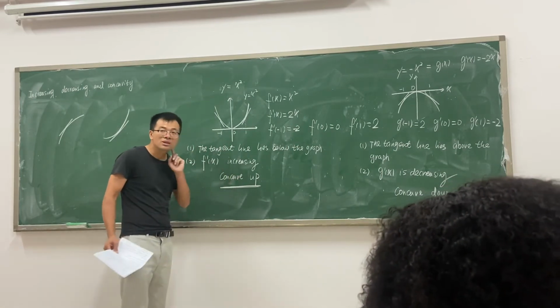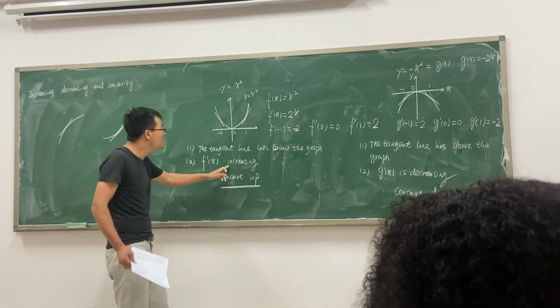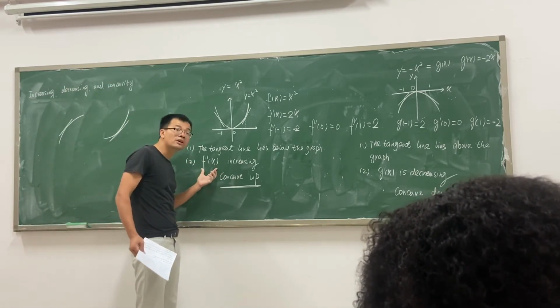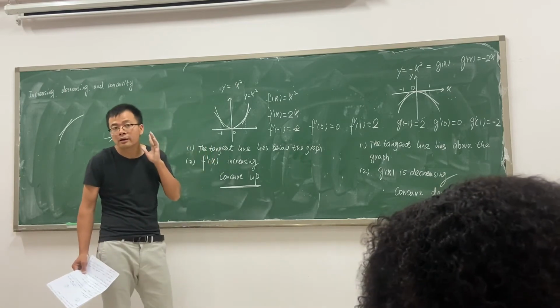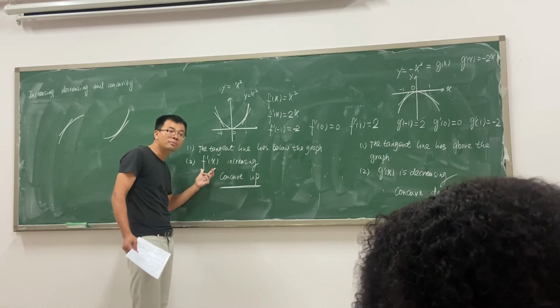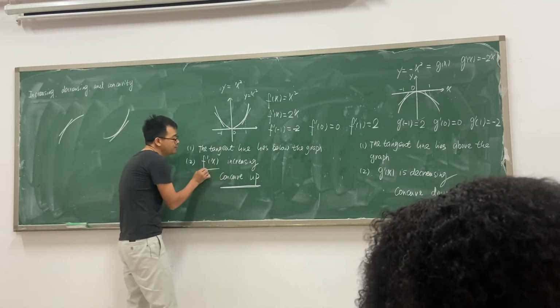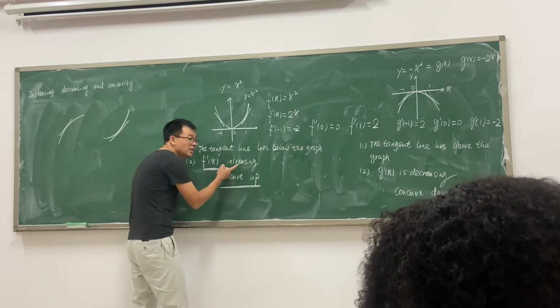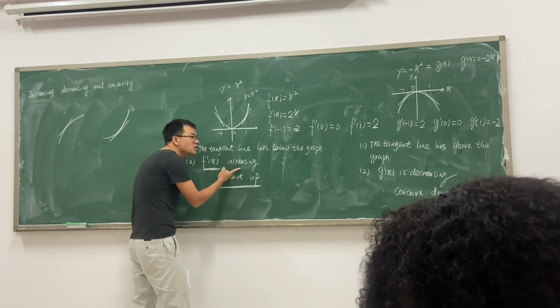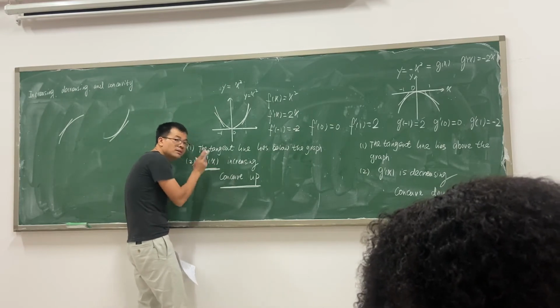What does f prime increasing mean? Increasing means the derivative of this function is positive, yeah? So this function f prime is increasing.